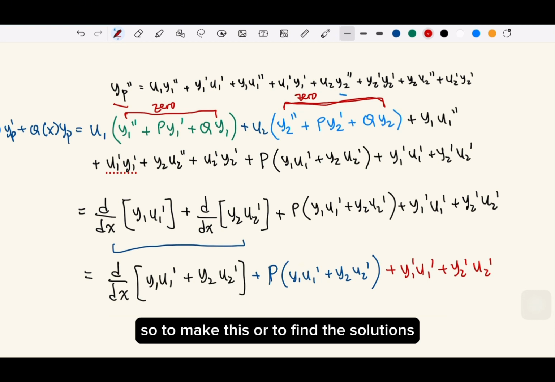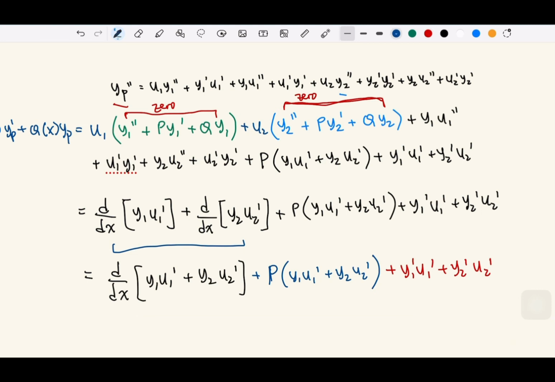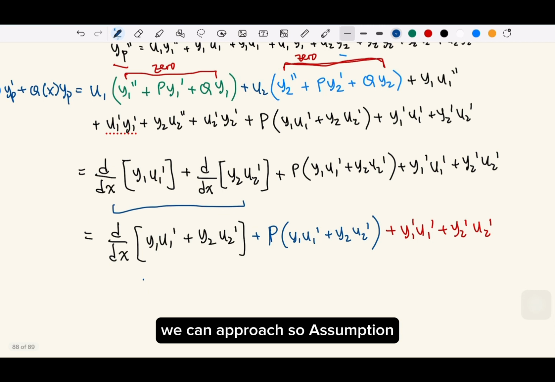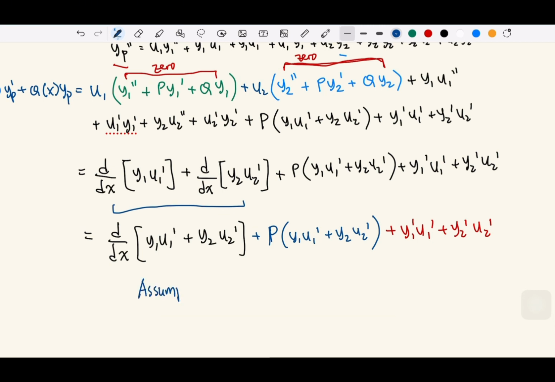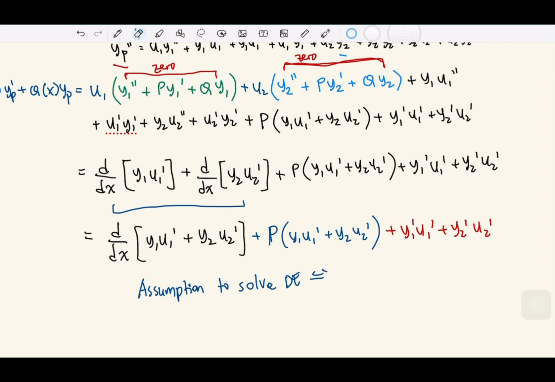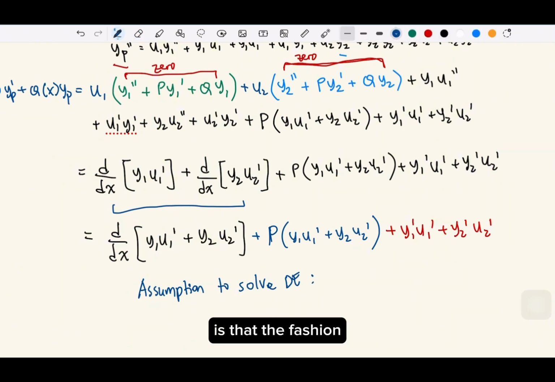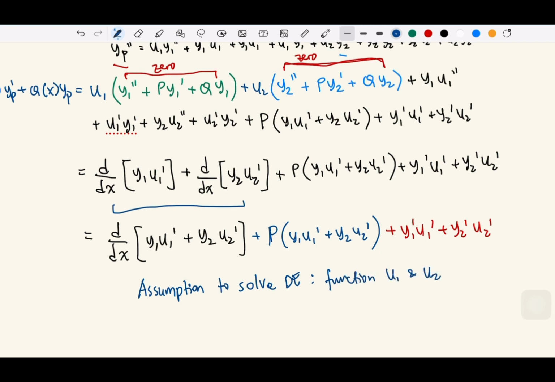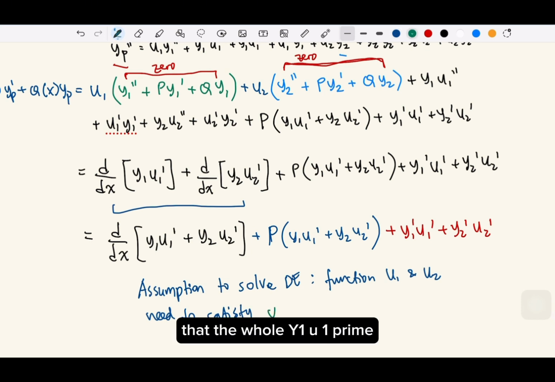To find the solutions, we can approach with an assumption to solve the differential equation: the functions u1 and u2 need to satisfy that y1 u1 prime plus y2 u2 prime is equal to 0.